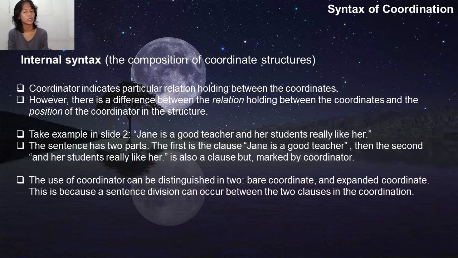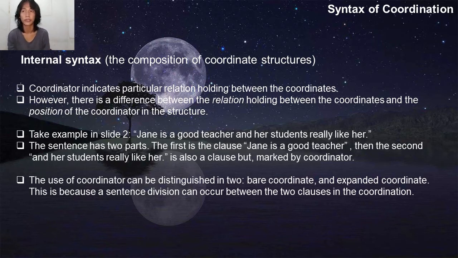The use of the coordinator can be distinguished into two: bare coordinate and expanded coordinate. What is a bare coordinate? A bare coordinate is a clause that is just a coordinate, not included in coordination yet, like the example before, Jane is a good teacher.